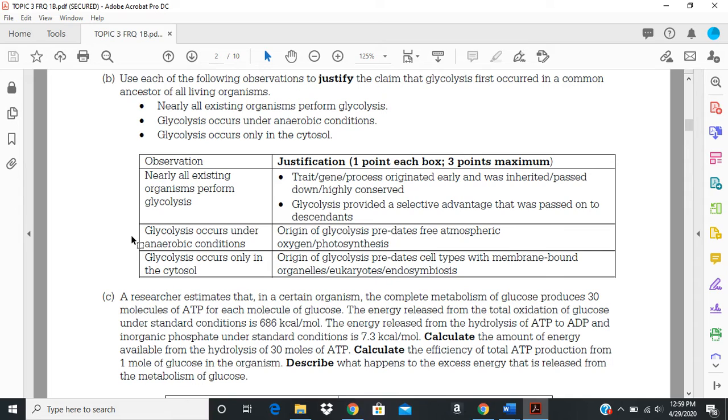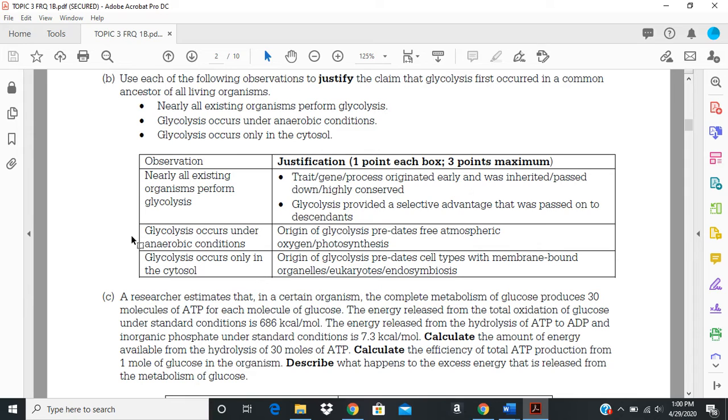So the first thing they want you to do is say, okay, if 1 molecule of ATP gives you 7.3 kilocalories per mole, how much energy would you get from 30 moles of ATP? So 30 moles of ATP is 30 molecules of ATP.